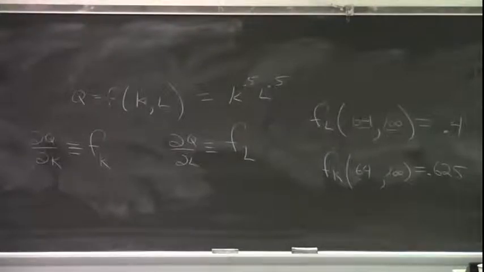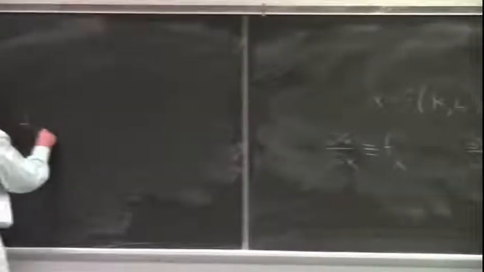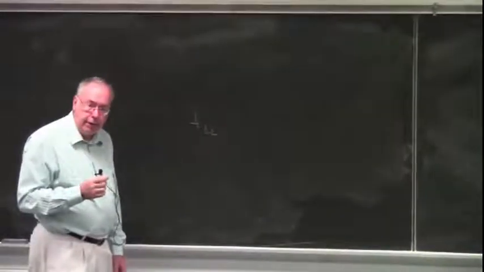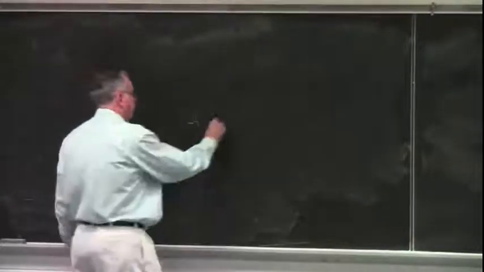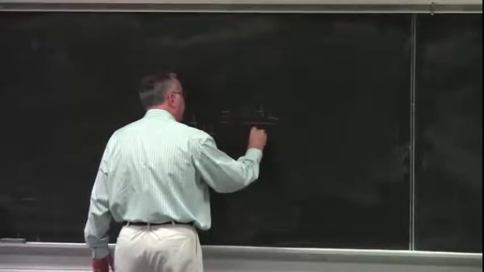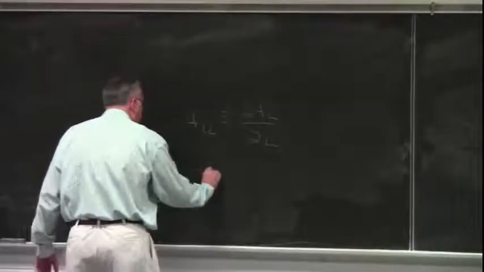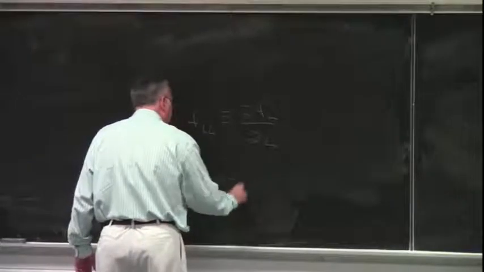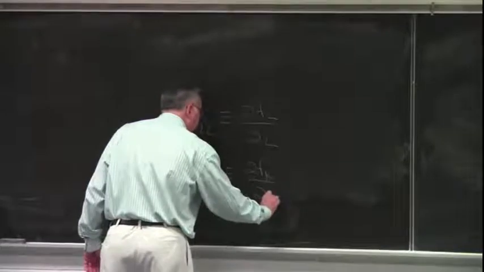For example, F sub LL, with two L's there, is the second derivative of the function with respect to L. So this will simply be the partial derivative of F sub L with respect to L. In a similar fashion, F sub KK is just partial F sub K, partial K. And we could also do this.